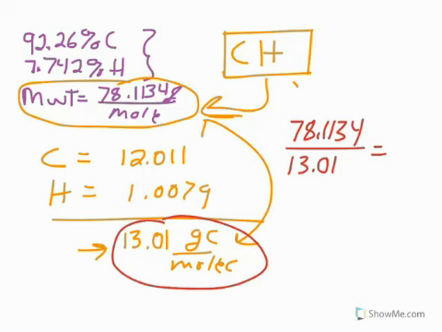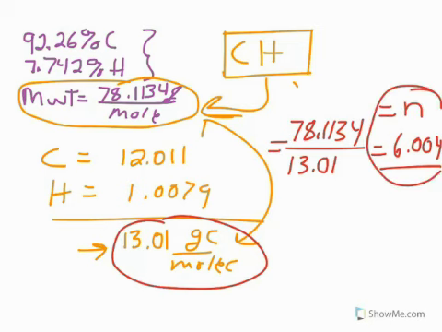So 78.1134 divided by 13.01, and I get 6.004. Now remember, these are supposed to be whole numbers, so 6 is close enough. So this factor that I've got here, I'm going to call n. n is equal to the molecular weight divided by the empirical weight, which gives us 6.